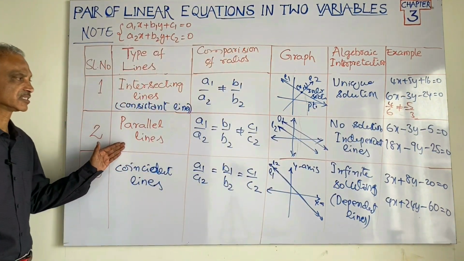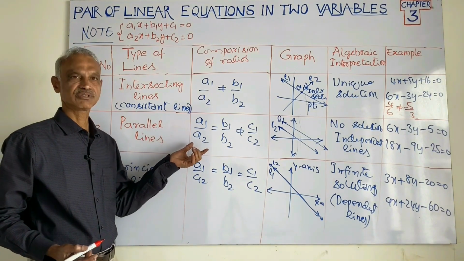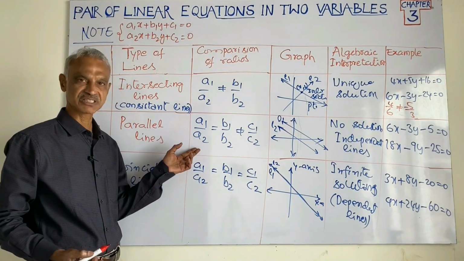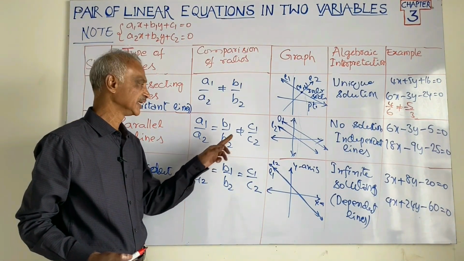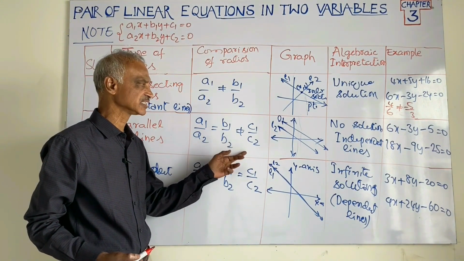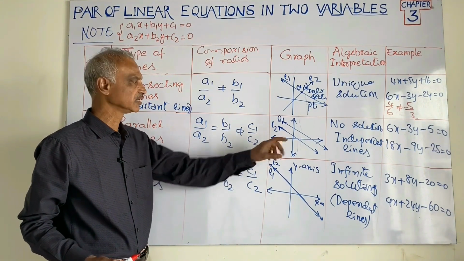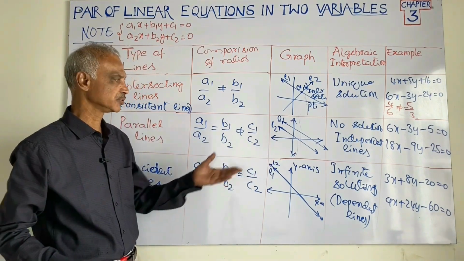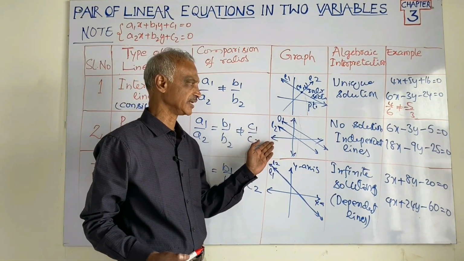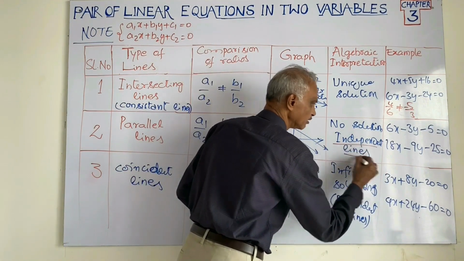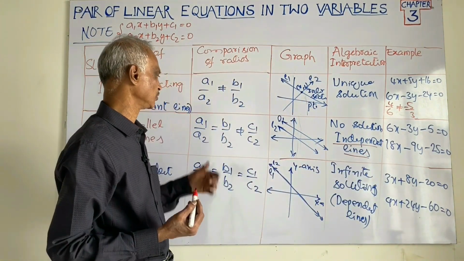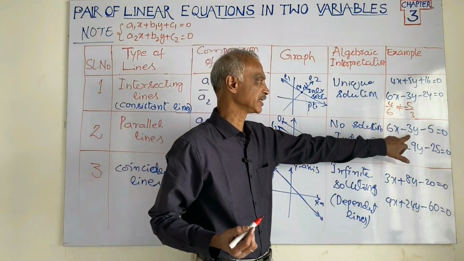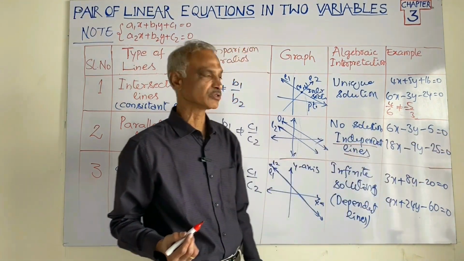Now parallel lines. What is the ratio of the coefficients? a1 by a2 must be equal to b1 by b2, and it should not be equal to c1 by c2. The graph will be parallel lines. They don't have any solution. There is no solution for parallel lines. They are inconsistent lines. And what is the example? You can take 6x minus 3y minus 5 is equal to 0.